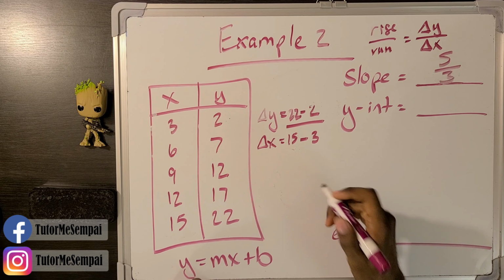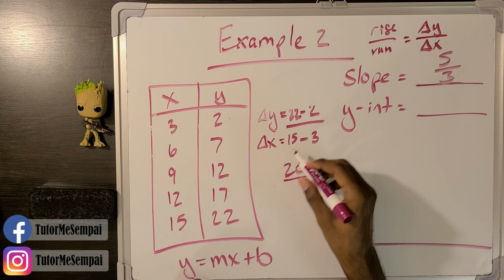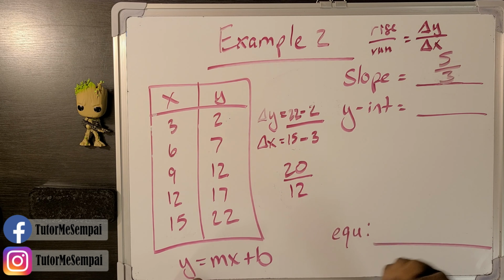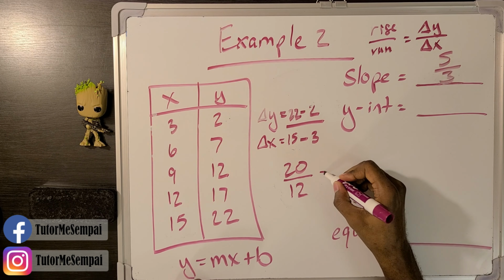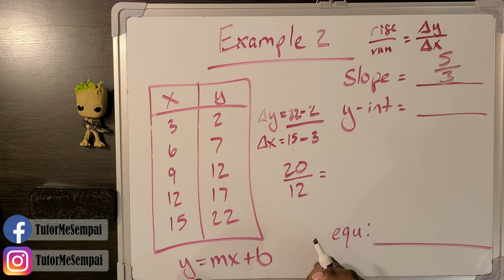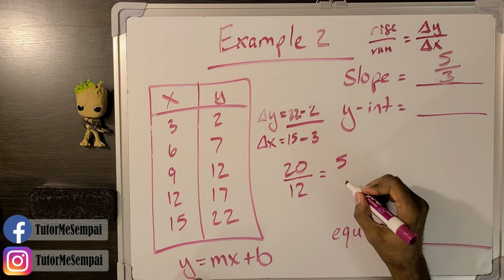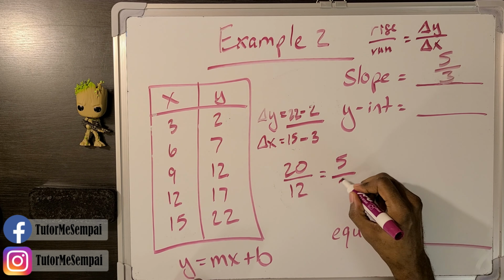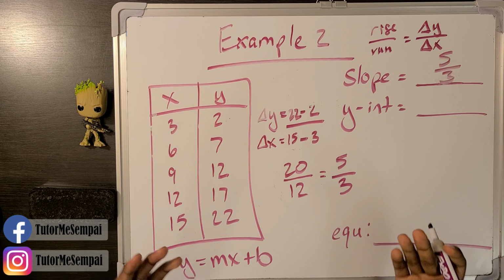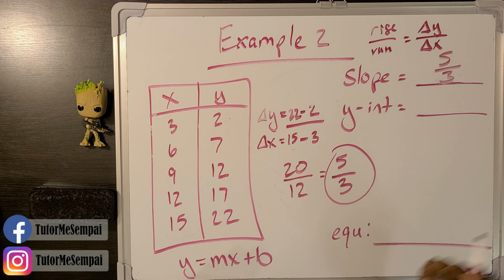Well, 22 minus 2 is going to give us a 20. And what's 15 minus 3? 15 minus 3 gives us 12. Now we want to reduce this. Well, what goes into both 20 and 12? 4. 4 goes into 20 5 times, and 4 goes into 12 3 times. So you see, it doesn't matter. We get the same exact slope that we just found, 5 over 3.